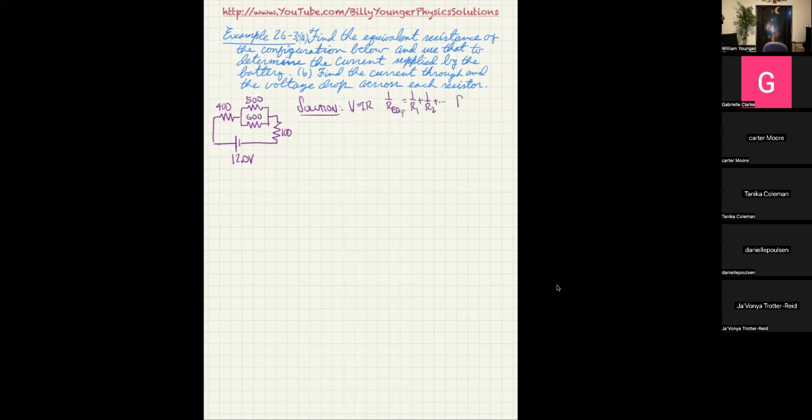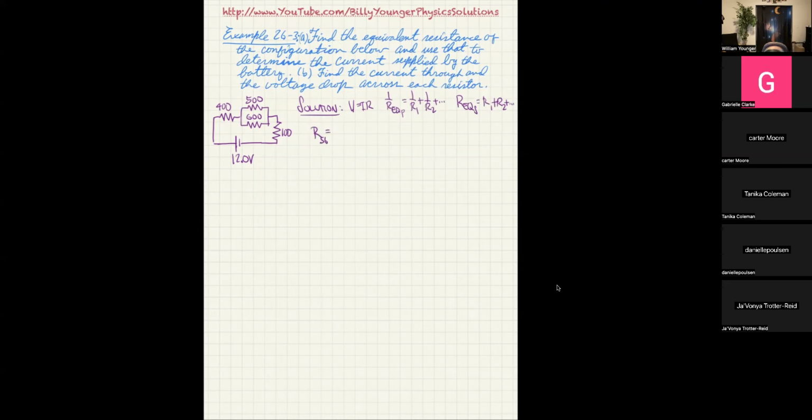And then R equivalent in series is equal to R1 plus R2 plus dot, dot, dot, like that. So I'm going to start off with R56, which means the equivalent for the 500 and 600 ohm resistors.